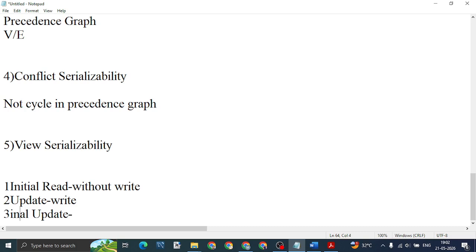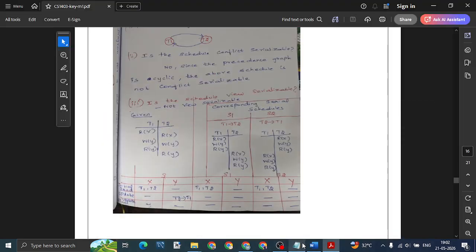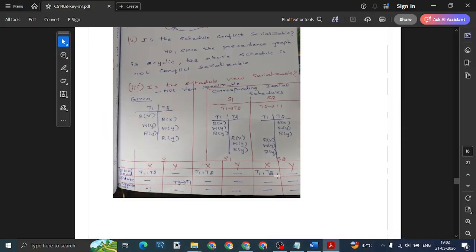And the third one is the final update. Whatever transaction performs the last write in the given schedule must perform the same last update in the corresponding serial schedule also.